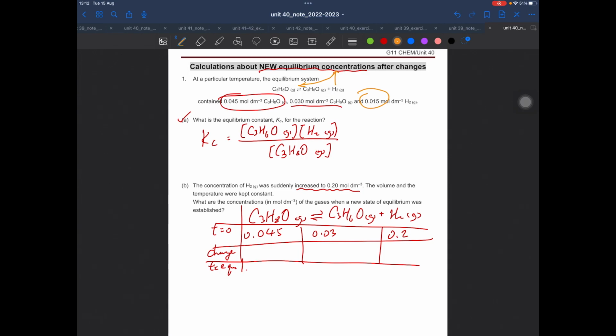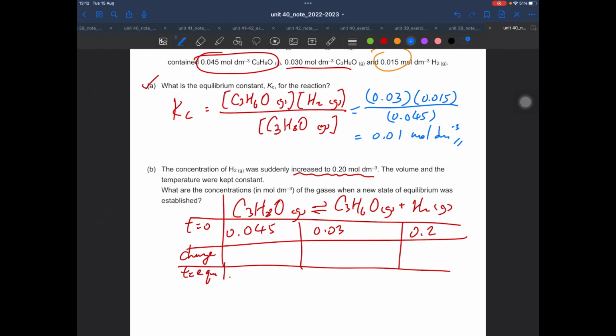But before doing everything, we need to find the value of Kc first. So let's get our job done in part A. Yes, we don't know how many marks will be contributed in part A, so we can do it back.